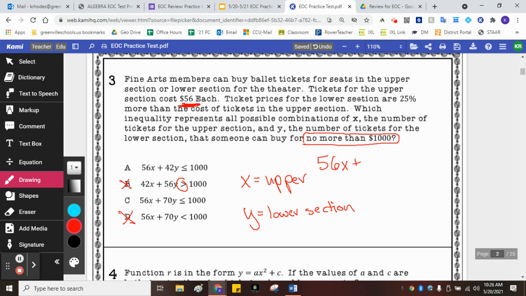Plus the lower section is 25% more than the cost of the upper section. So we need to find 25% of 56. How do you guys remember how you find the percentages of something?